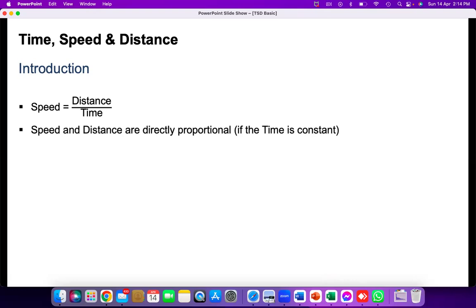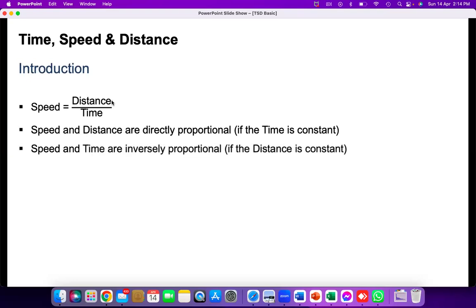So you come up with three situations, keeping one quantity out of these three: speed, distance, and time, constant at a time. If time is kept constant, then speed is directly proportional to distance. If distance is kept constant, then speed is inversely proportional to time.